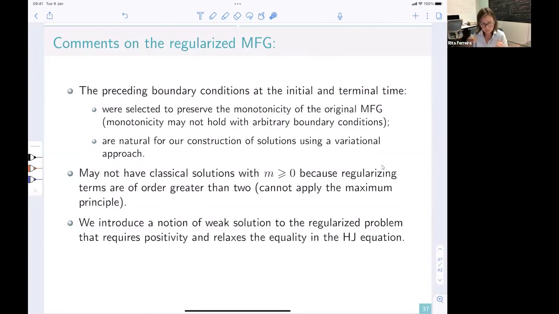And here we are going to introduce a notion of weak solution that is not really strong solutions, as I was mentioning before for the meeting problem. It is similar, almost, but not really. So it requires a certain positivity, and we have to relax a little bit the Hamilton-Jacobi equation. So let me make this precise.